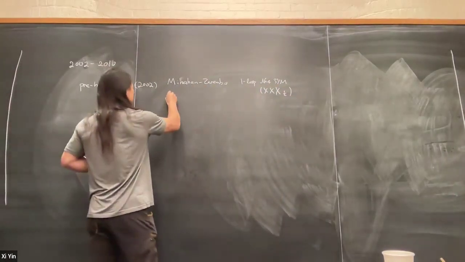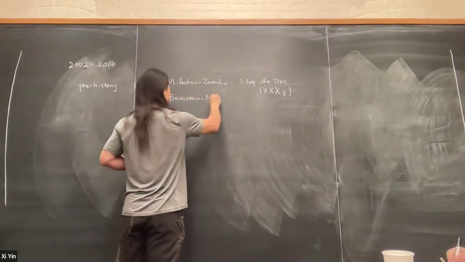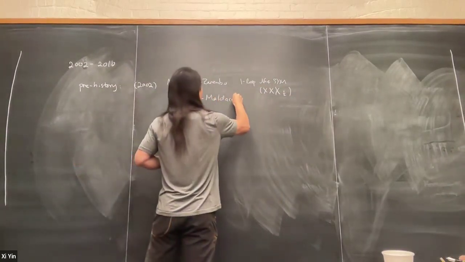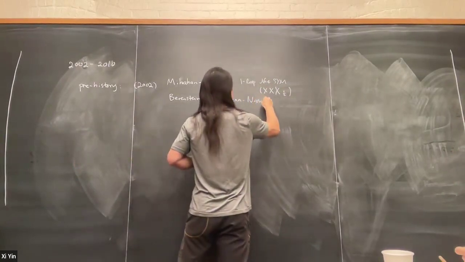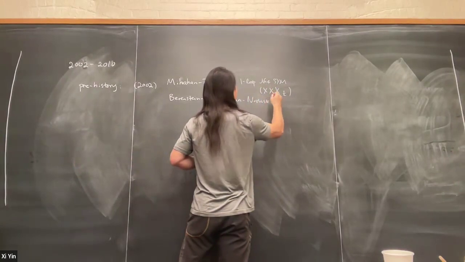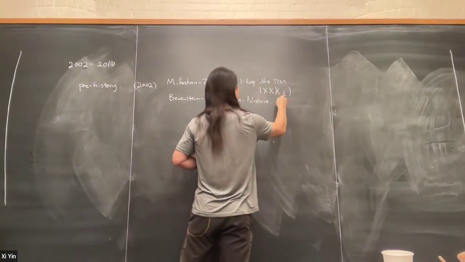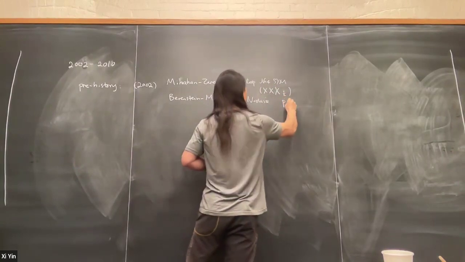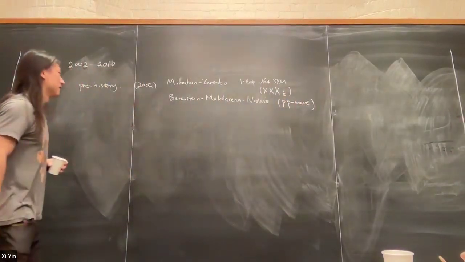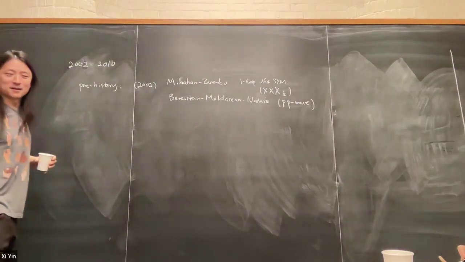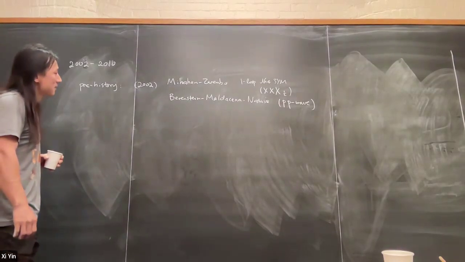And then there's the BMN paper, by Berenstein, Maldacena, and Nastase. This is the pp-wave, in N=4 super Yang-Mills. These two papers laid the groundwork of the integrability story.